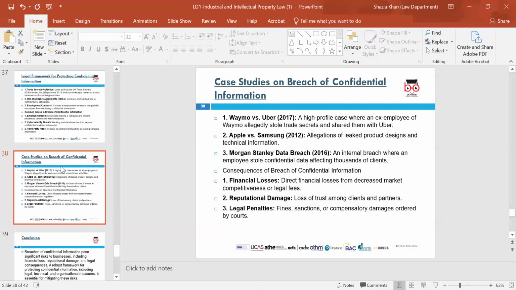Case studies on breach of confidential information. Waymo and Uber in 2017 was a high-profile case where an ex-employee of Waymo allegedly stole trade secrets and shared them with Uber. Another popular one was Apple and Samsung.